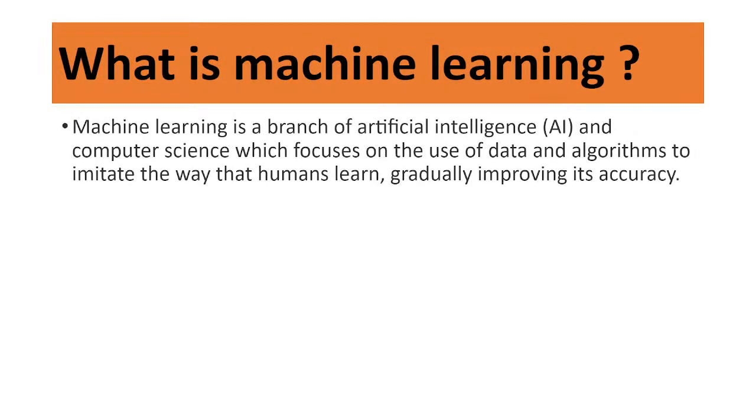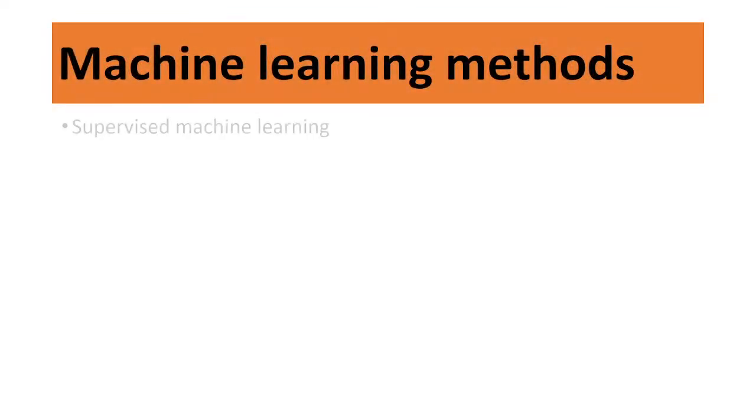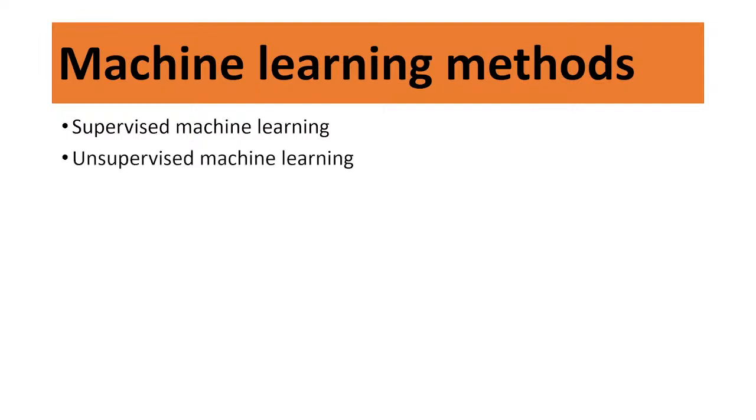Machine learning is a branch of artificial intelligence and computer science which focuses on the use of data and algorithms to imitate the way that humans learn, gradually improving its accuracy. And the machine learning methods are mainly the supervised machine learning method and the unsupervised machine learning method. Okay, these are the two main types, and reinforcement is also another method, but this time we just talk about supervised and unsupervised.